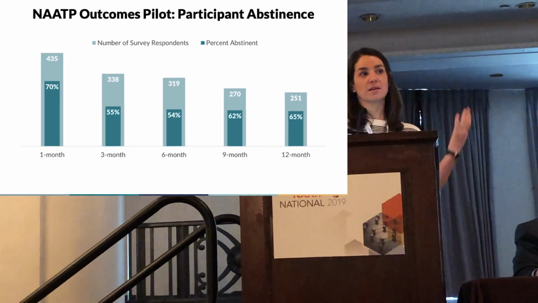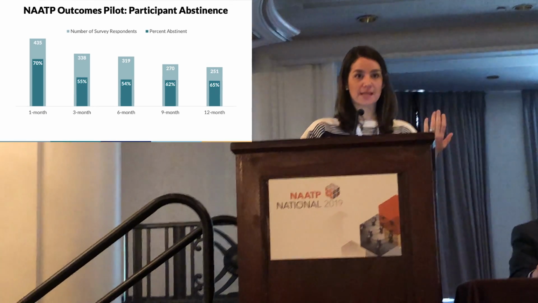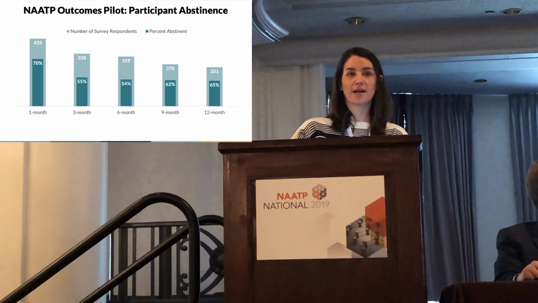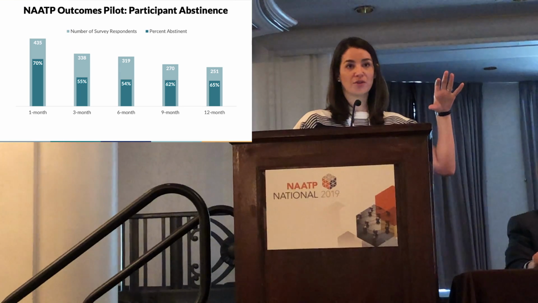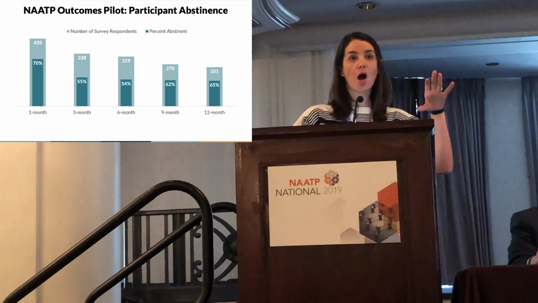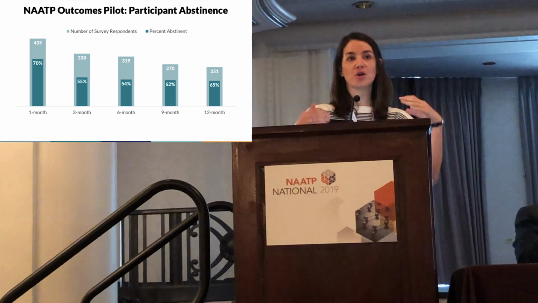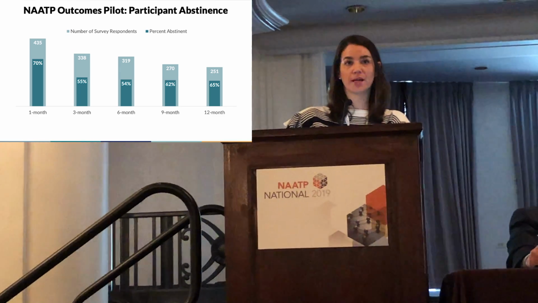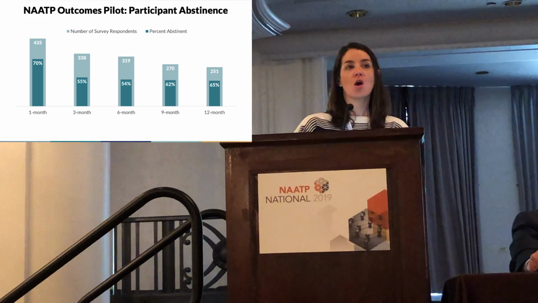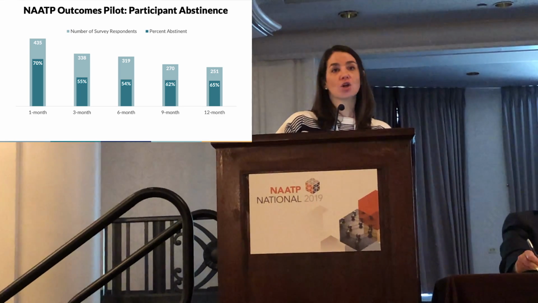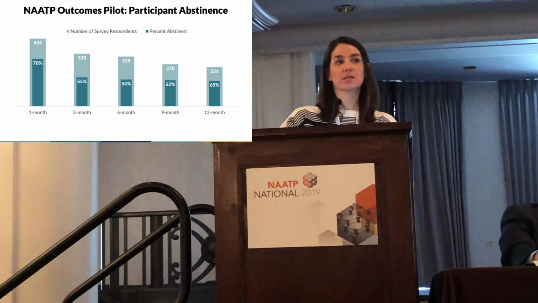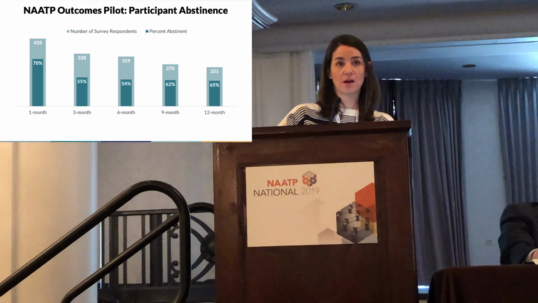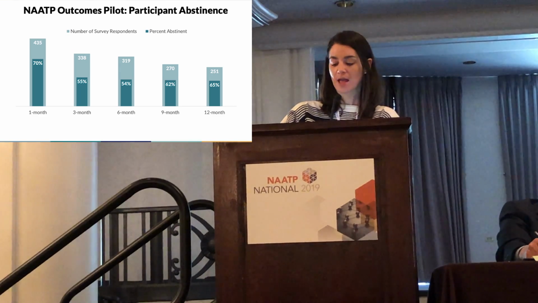Now, we get back to the piece about what predicts abstinence and other indicators of recovery, and this is where it's important to be thinking about what you collect at the beginning of your study, what you're collecting while patients are in treatment, and then how you use those data to inform what's happening long-term after treatment. We did a lot of analysis looking at what predicted these outcomes, what were the greatest predictors of participants' report of abstinence.